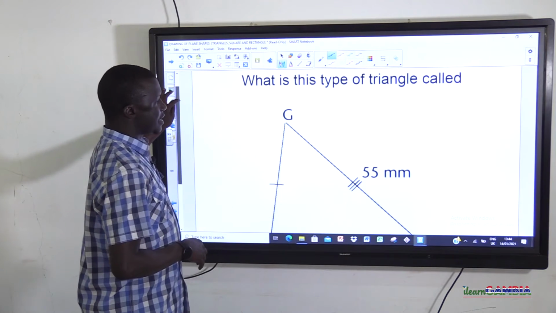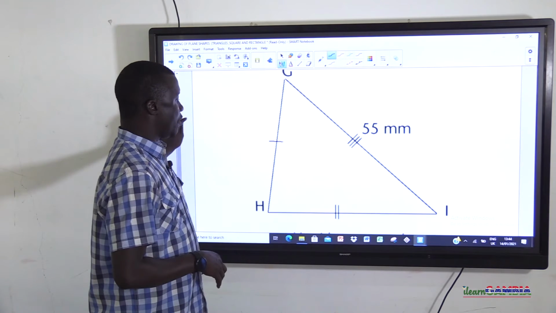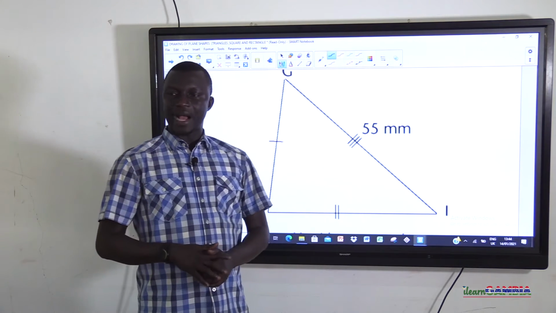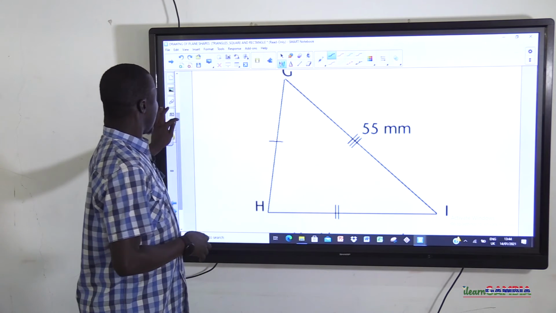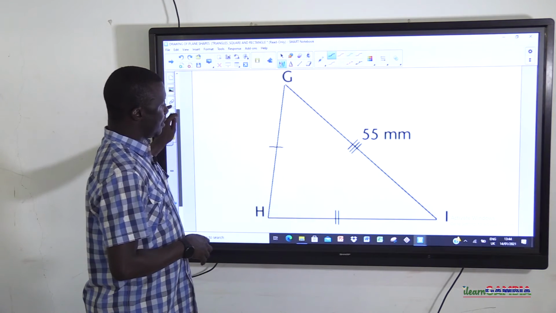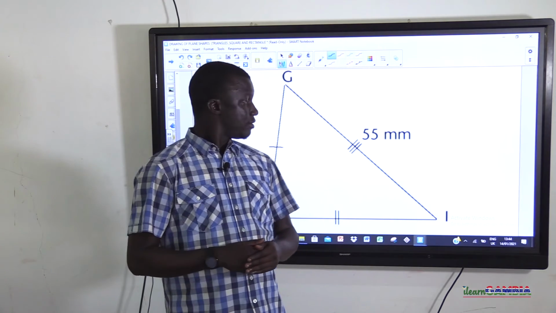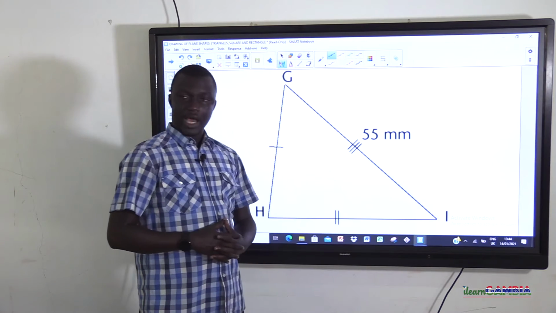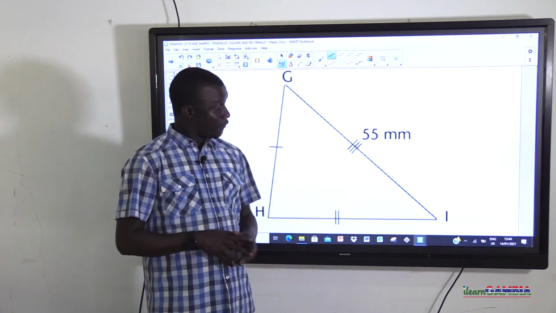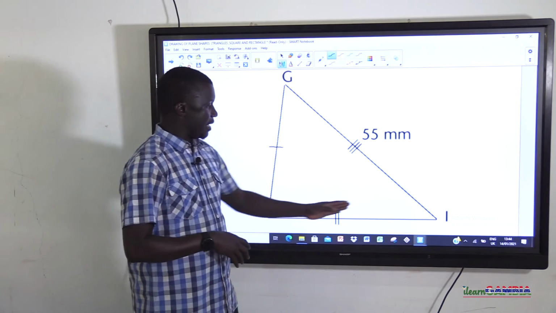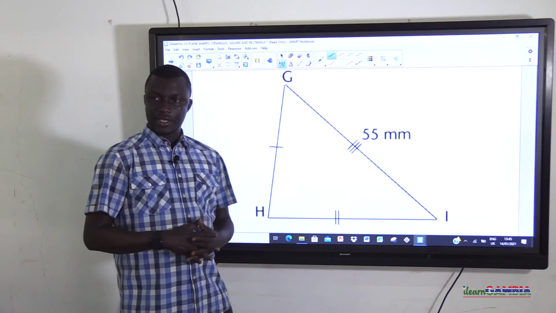What is this type of triangle called? We have a triangle here where all three sides are marked differently. The longest side is 55 millimeters. That is GI. HG is marked differently from GI, and HI is also marked differently from GI and GH.